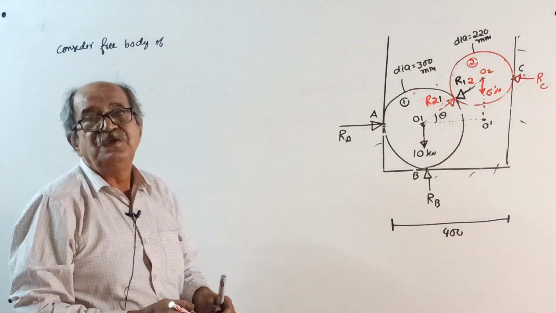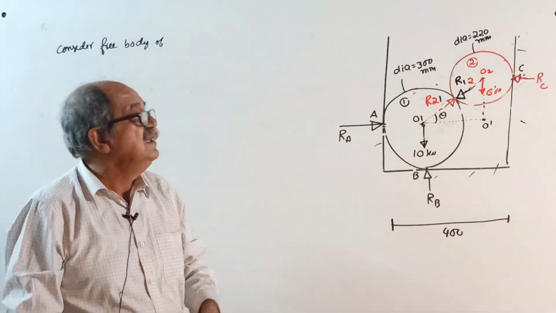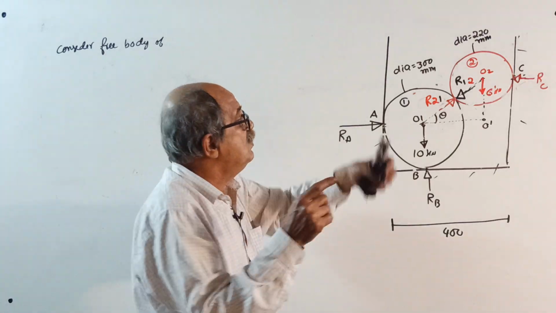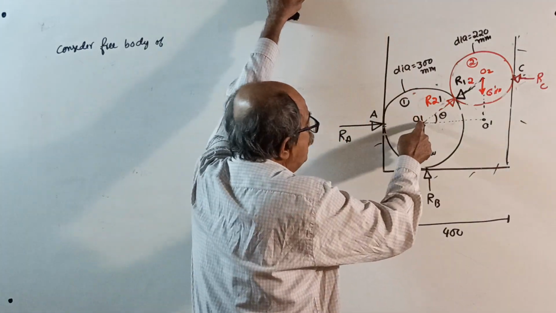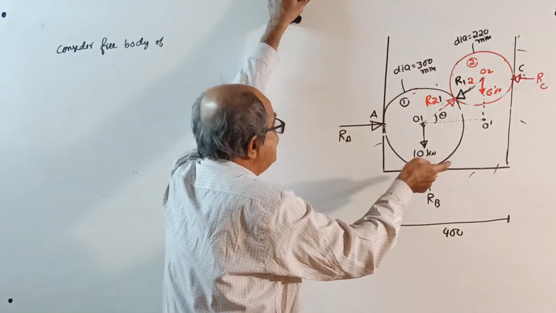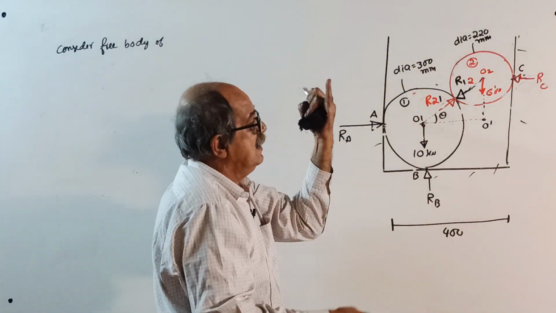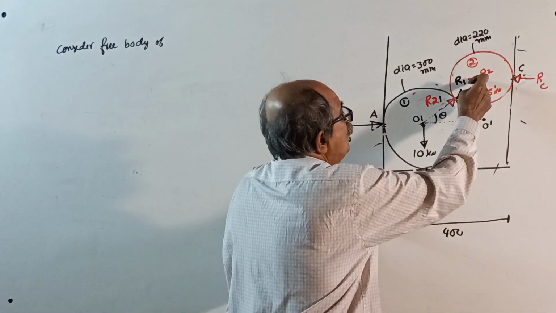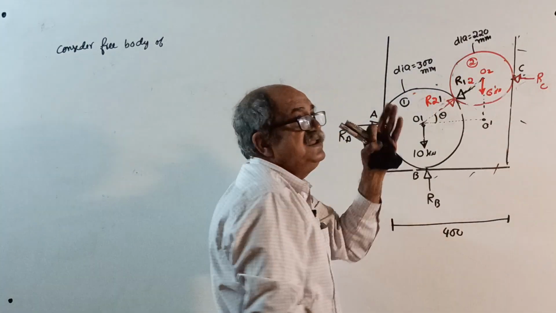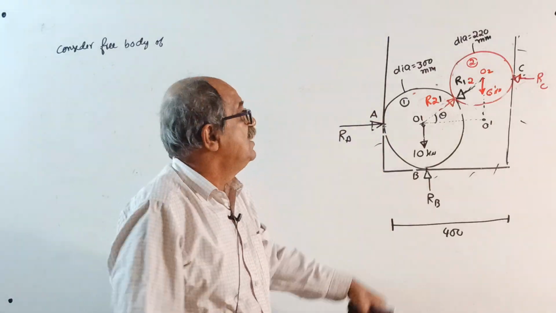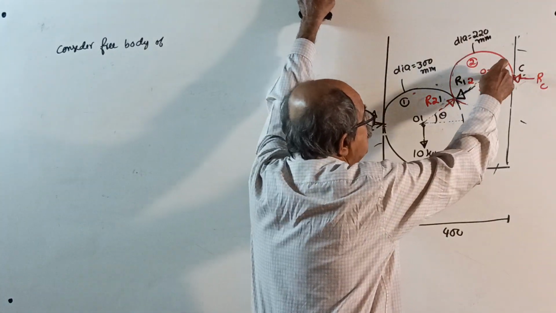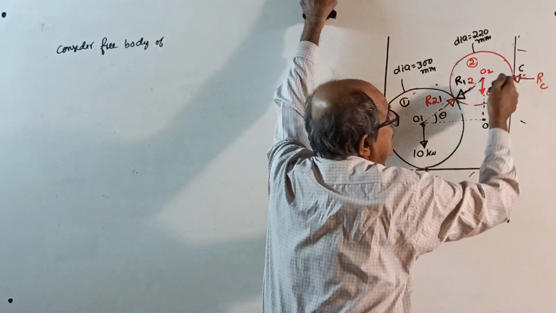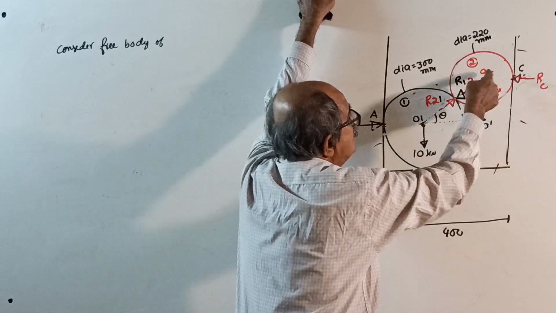Doubt comes. You should have some understanding. Any cylinder will not do. Make a note. I am dictating now. When you consider cylinder 1, unknown reactions are RA, RB and R12. 3 reactions are there. When you consider cylinder 2, unknown reactions are RC and R21.